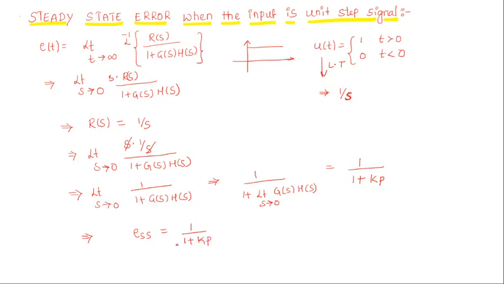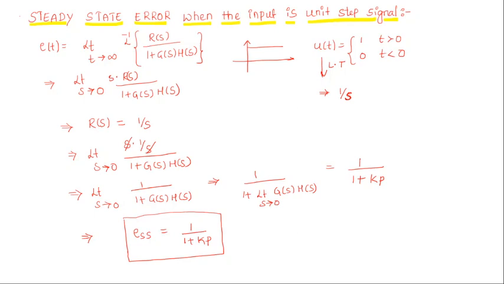In the first class itself we discussed that the steady state error may vary depending on the input signal and the type of the system. So when the input is a unit step signal, the steady state error is 1 by 1 plus Kp, where Kp is limit s tends to 0 of g of s into h of s.